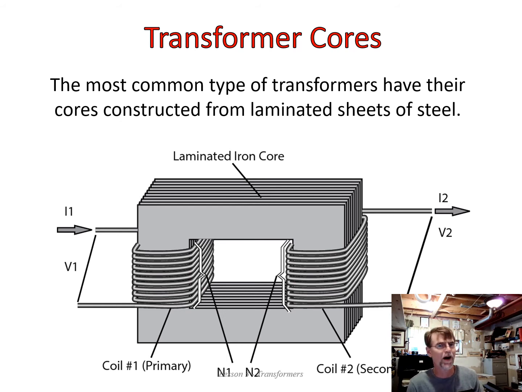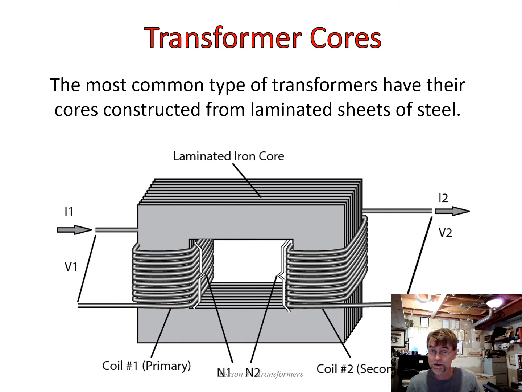Second question is, why is it laminated? Well, the laminations minimize what we call eddy currents. Eddy currents can be roughly defined as any unwanted current. This iron core will conduct electricity. So we have cutting action. We have lines of flux that are moving around, creating induced voltage.